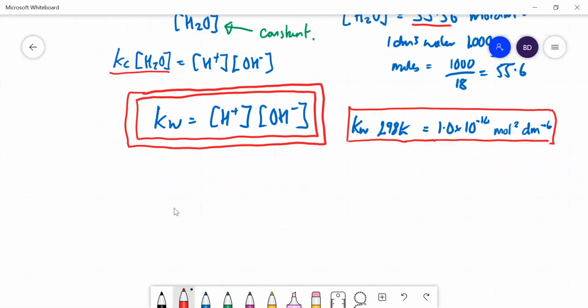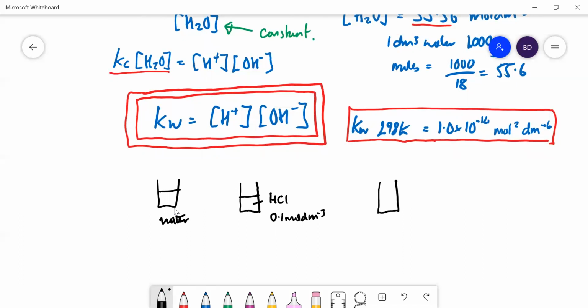So what does that mean then? If we've got any solution in front of you, so you may have a glass of water, or you might have a beaker of HCl, concentration 0.1 mole per decimeter cubed, or you might have some sodium hydroxide solution.